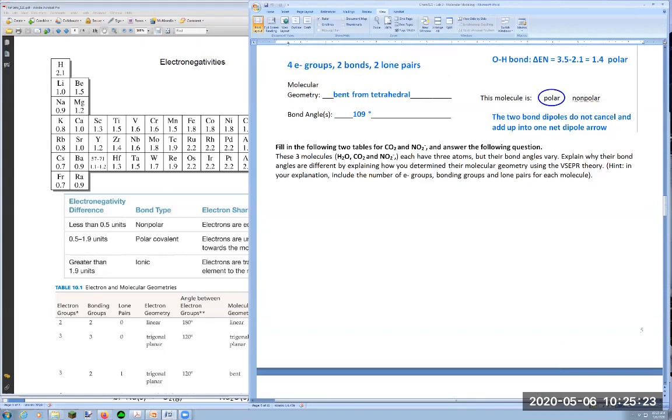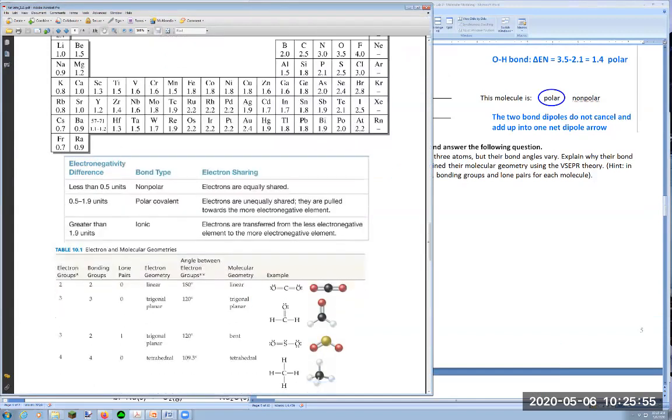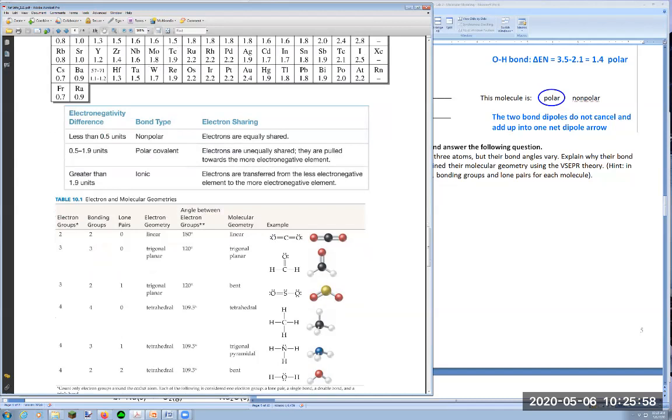Once you have done your tables for CO2, NO2 minus 1, and H2O, you will want to explain why, even though those three molecules have one central atom and two atoms bonded to that central atom, so 3 atoms in total, they have a different shape. You will see that they have a different shape, and so you want to explain why. For this, basically you want to explain how you use this table, the table that helps you determine the shape of the molecule.